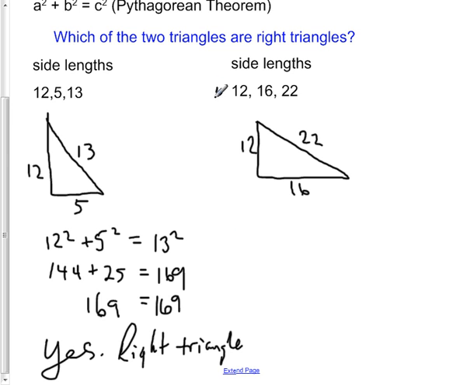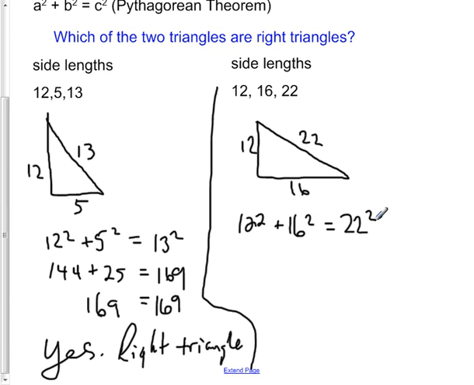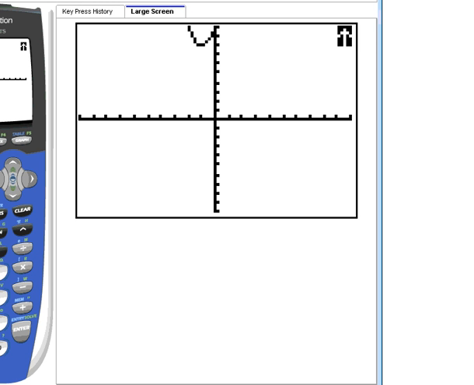Okay, on the other one, it's 12, 16, and 22, so we'll try the same thing. 12 squared plus 16 squared equals 22 squared. And we'll see if that works. 12 squared is 144. 16 squared is 256. And then 22 squared, let's pull up my trusty calculator here.